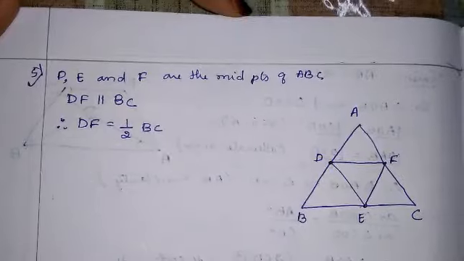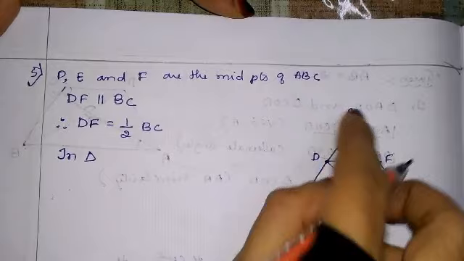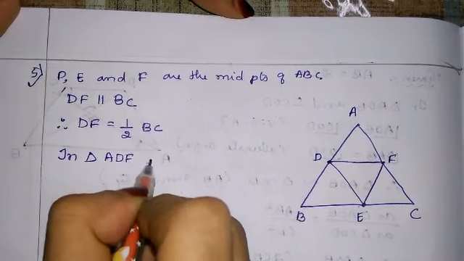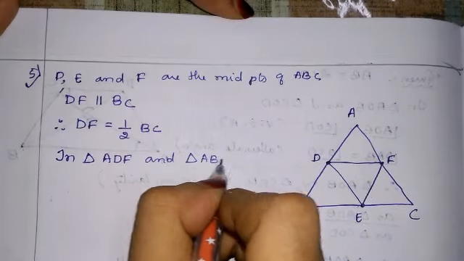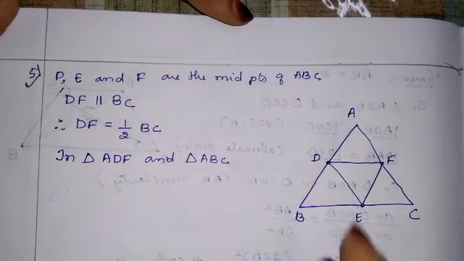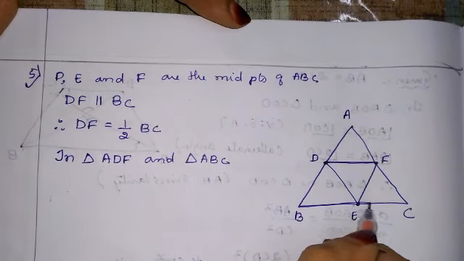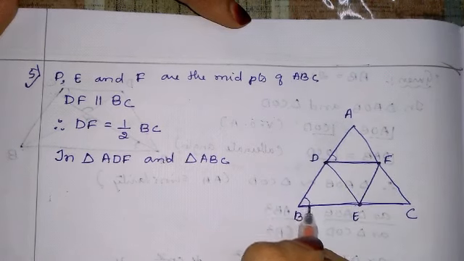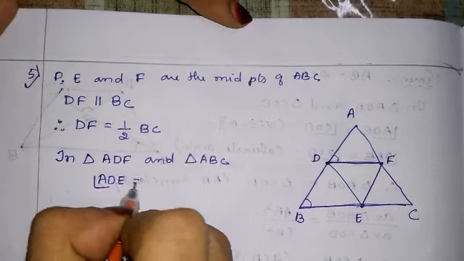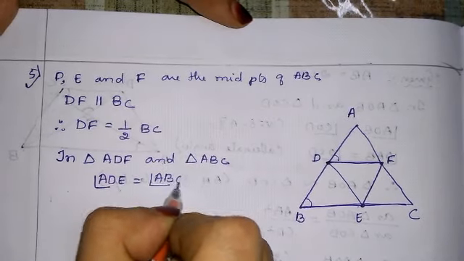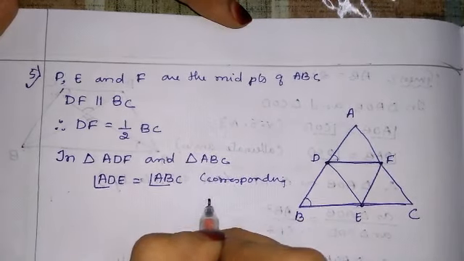Now let us take the upper small triangle ADF and the full triangle ABC. Now we know that when there is a parallel line, corresponding angles are equal. This angle corresponds to this. Angle ADF corresponds to ABC, corresponding angles, right?